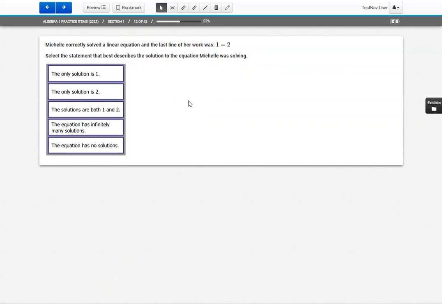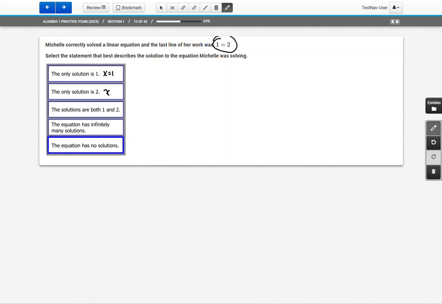Alright, number 12, it says Michelle correctly solved a linear equation where the last line of her work is 1 equals 2. So when you have something like this, it's going to be no solutions, okay? For the other ones, if the solution is 1, it would say something like x equals 1.